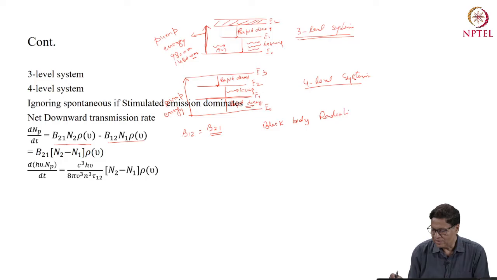If you equate these Einstein relations with black body relations, you get the value of B21, which is written here.